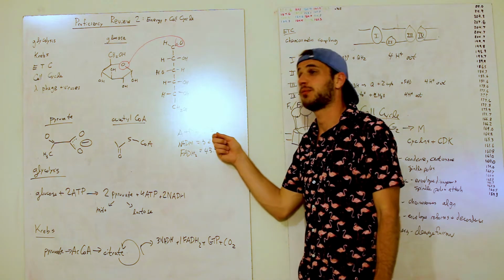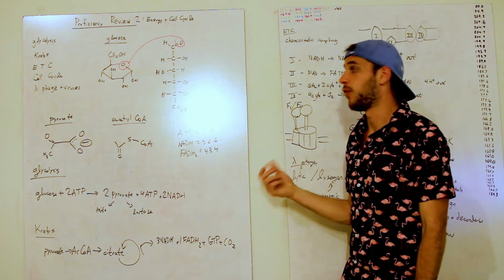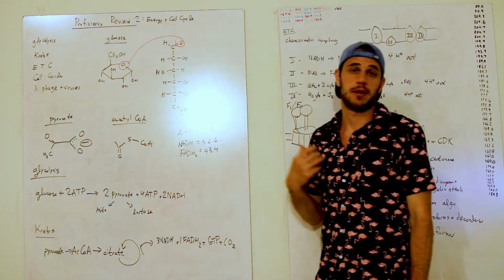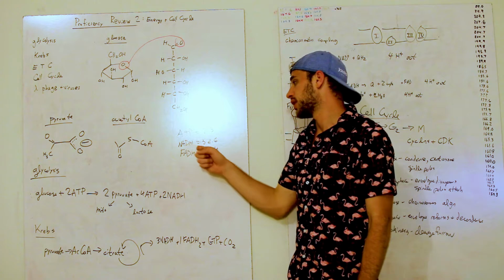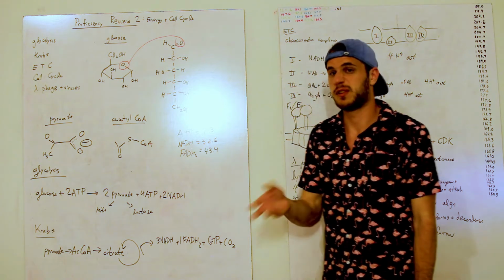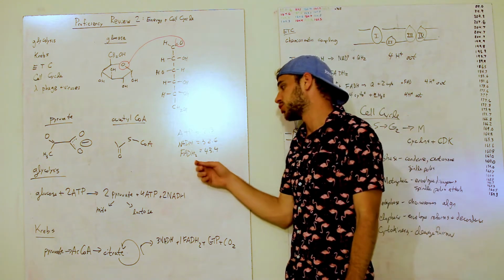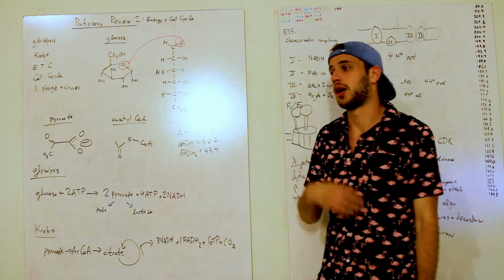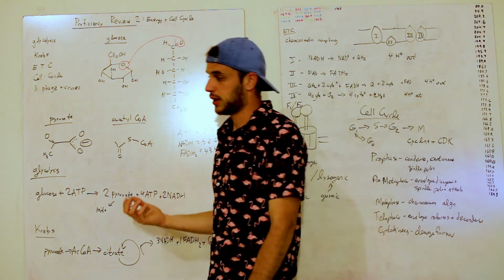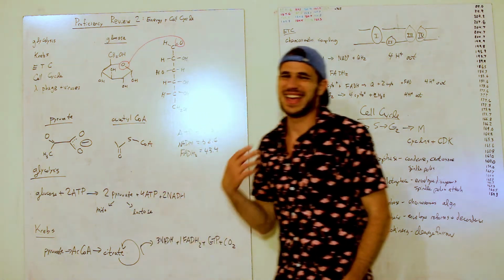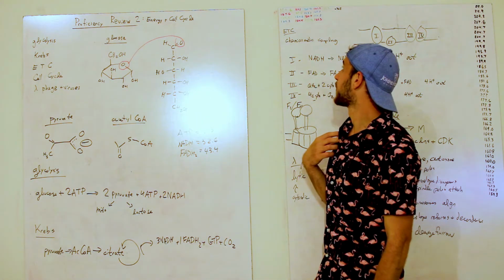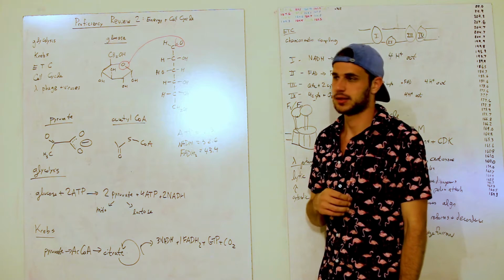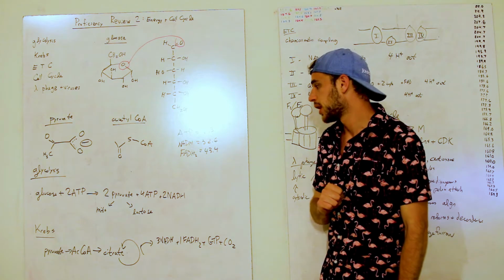ATP has about 7.3 kcal per mole for shooting off the gamma phosphate. NADH is 52.6, so 53 kcal per mole, and FADH2 can make about 43.4. And these carriers are used in the electron transport chain to create a chemiosmotic gradient. I'll get to that in a little second.